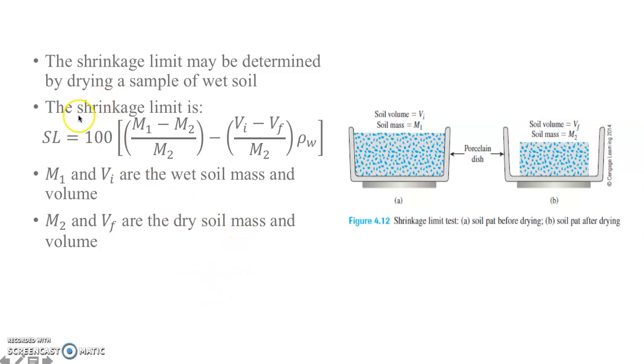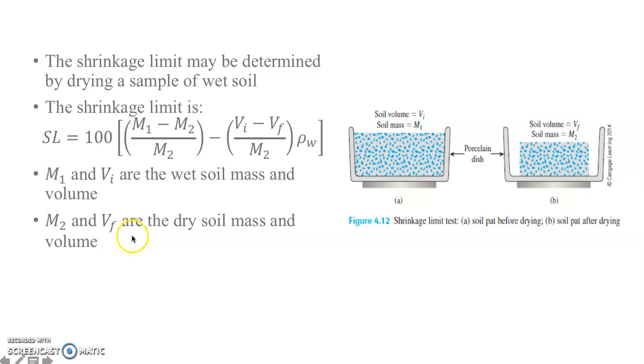The formula for the shrinkage limit is this one. SL represents our shrinkage limit, which is equal to 100 multiplied by the quantity of (M1 minus M2) all over M2, minus (V_i minus V_f) all over M2, multiplied by the density of water. M1 and V_i are the wet soil mass and volume.